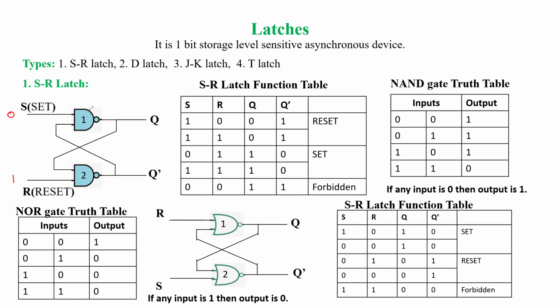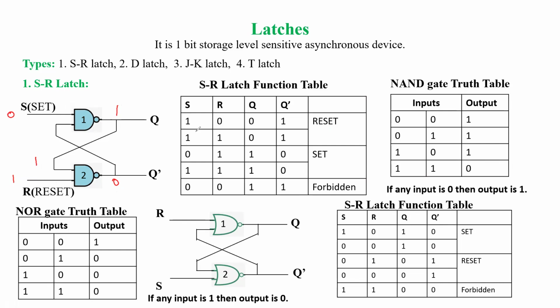So for NAND gate 1, the input is 0, so we can predict this output is 1. Now this Q is given as input to NAND gate 2, so both inputs are 1, 1, and the output will be 0. So here Q is 1 and Q dash is 0.